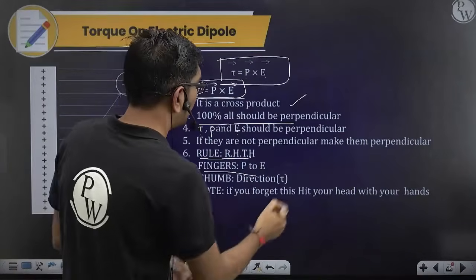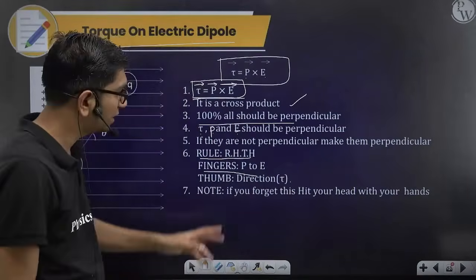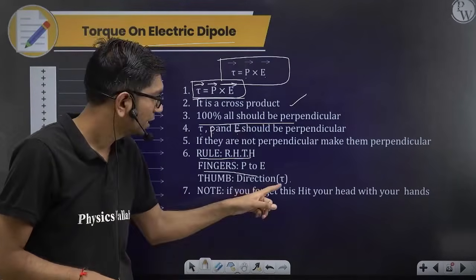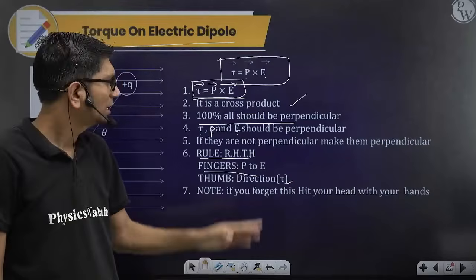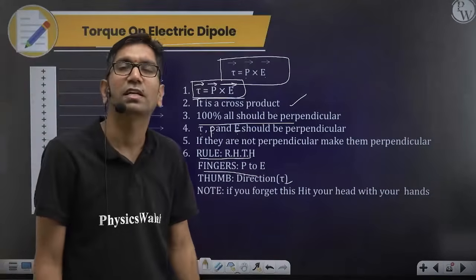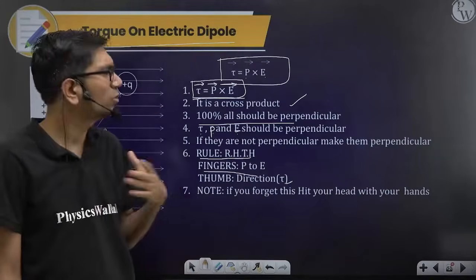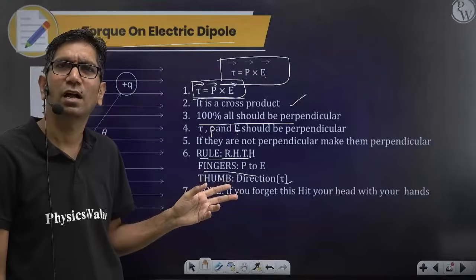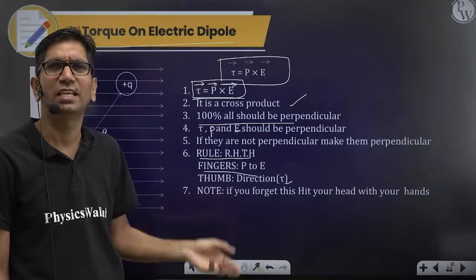The thumb indicates the direction of the torque. If you are unable to understand this, I am really disappointed, because you have already solved so many numericals on this and already learned vectors. I have my own trick to solve this, and if you know that, it will be very easy, beta.